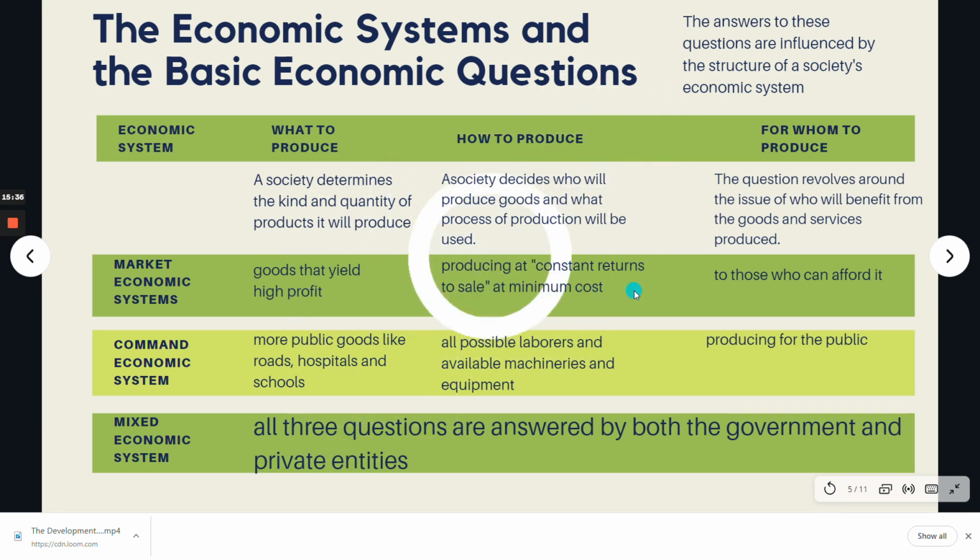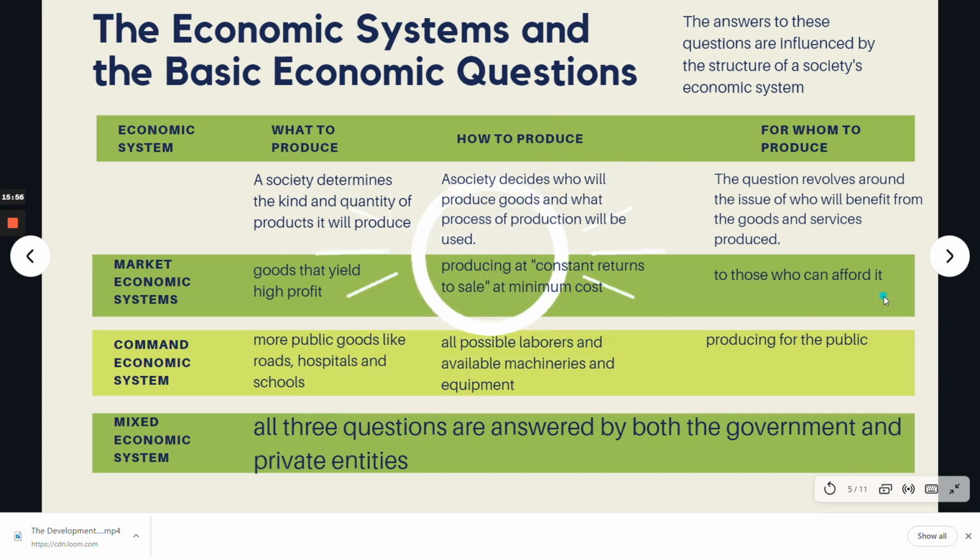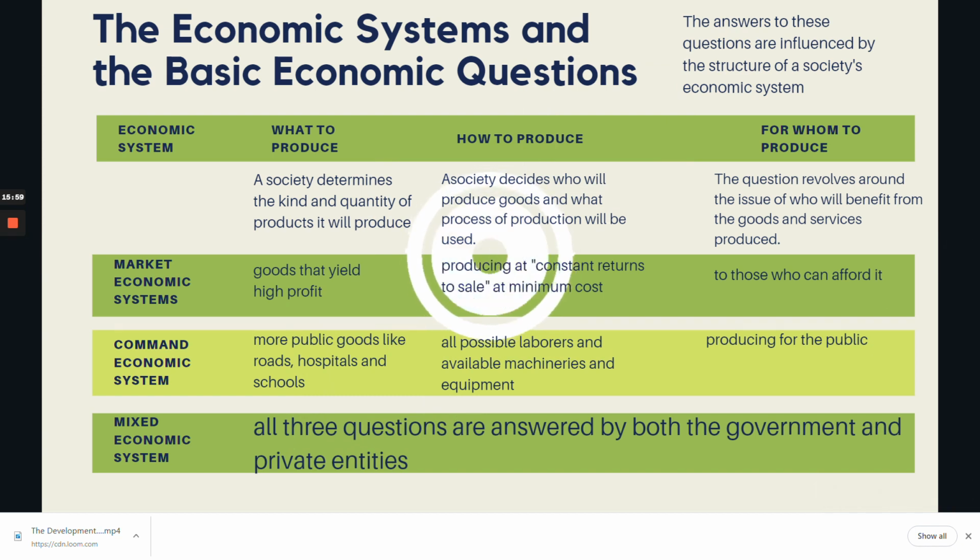So dapat i-produce nato ni siya with little puhunan, with big return or big ganansya ba. So mao na siya pag market economic system, that's how we are going to produce things. For whom to produce? Para kang kinsa man, to those who can afford it. So kini nga itong i-produce para lang ni sa mga maka-afford.